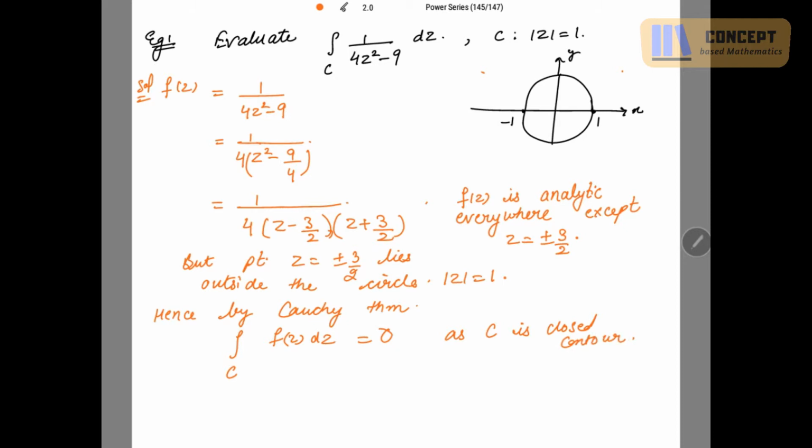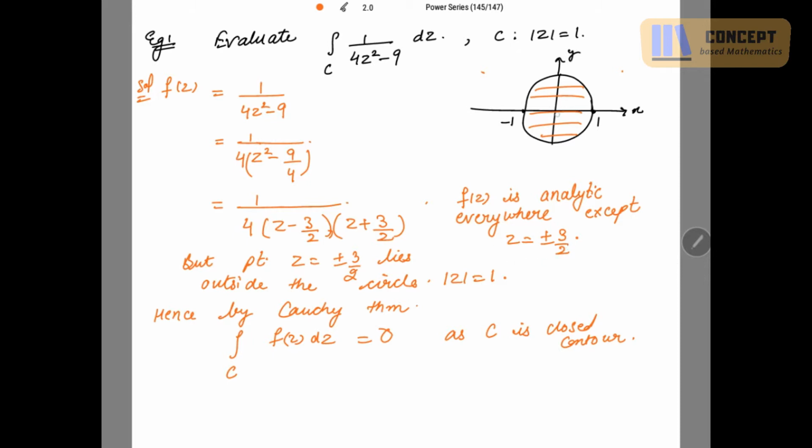The points also do not lie inside the circle. f of z is analytic inside and on the circle, except at the points 3 by 2 and minus 3 by 2, where it is not analytic. Otherwise, it is analytic everywhere except these 2 points.